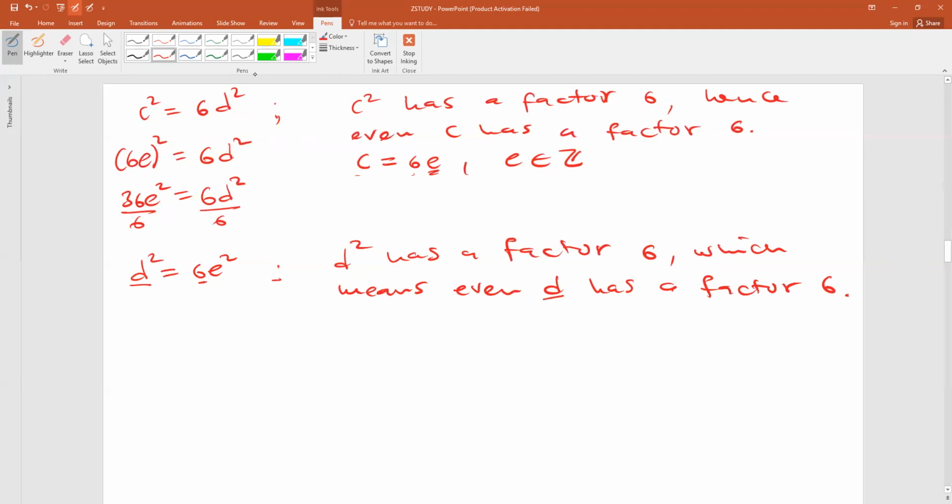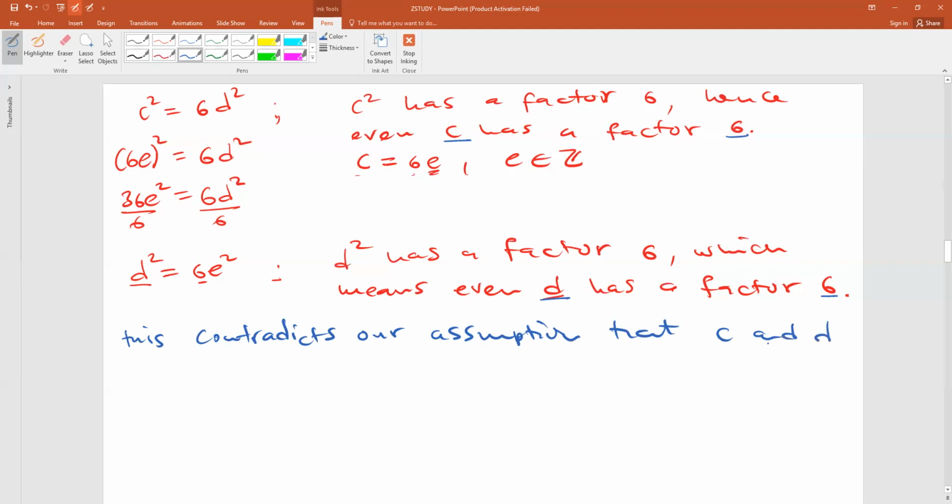We said c has a factor 6. We've now just said d has a factor 6. So there is a common factor, which is 6. This contradicts our assumption that c and d have no common factor.